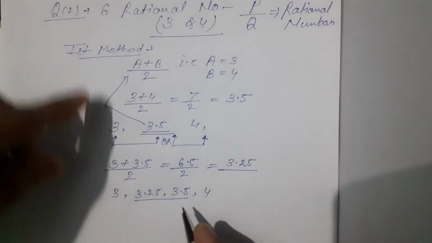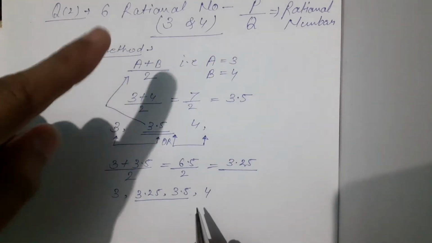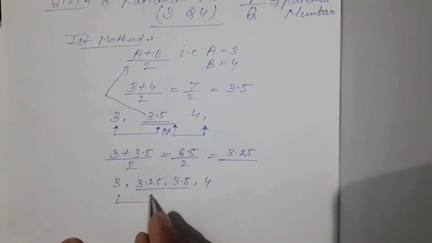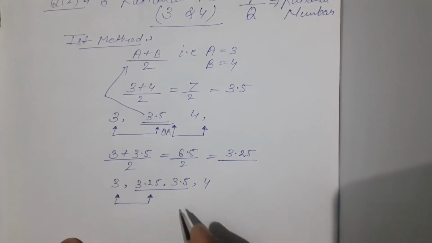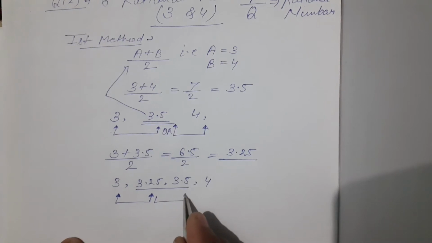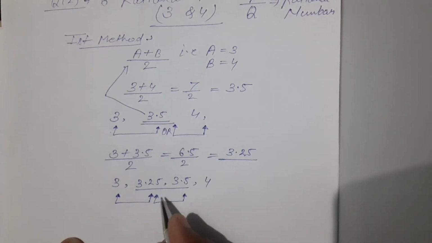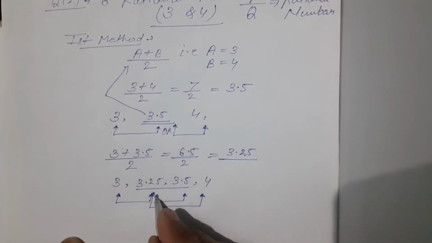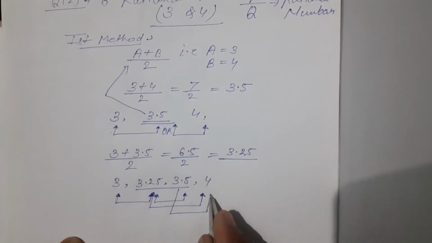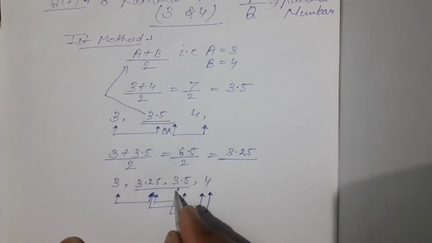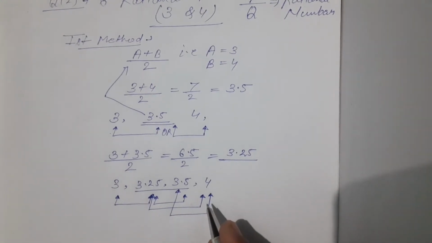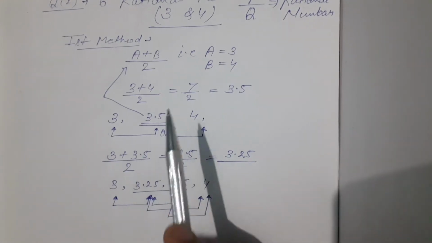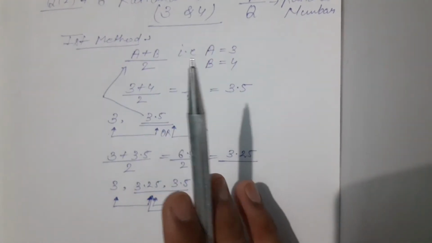The next number can be calculated with the help of 3 and 3.25, or 3.25 and 3.5, or 3.5 and 4. So there are infinitely many rational numbers between any 2 numbers.